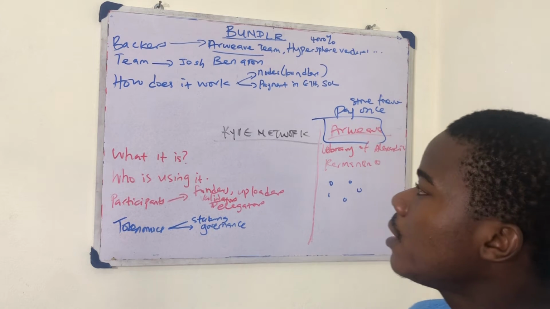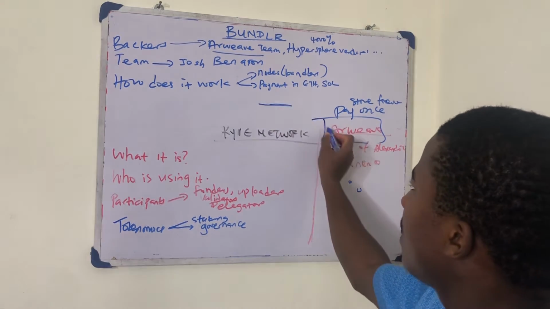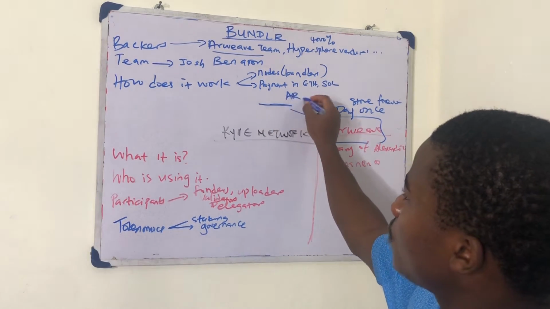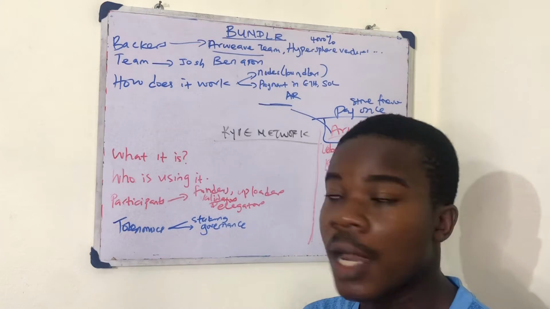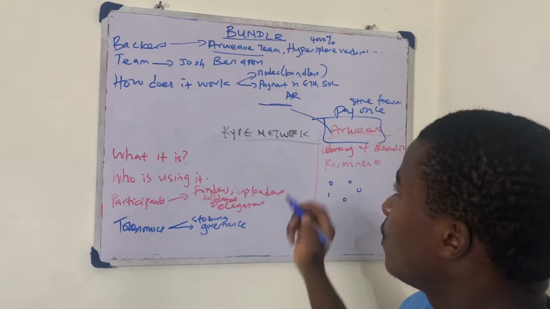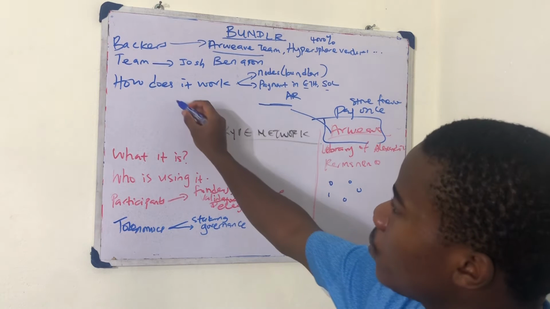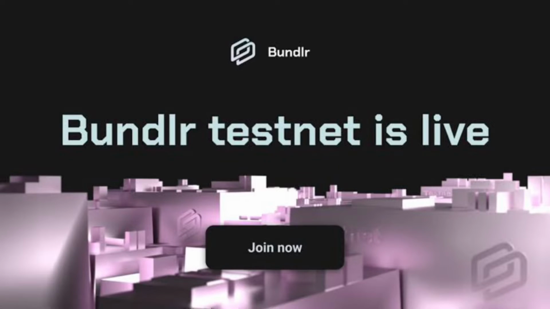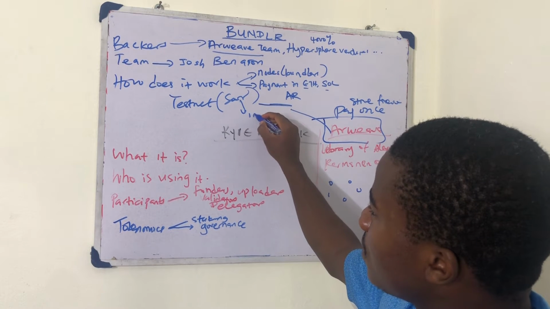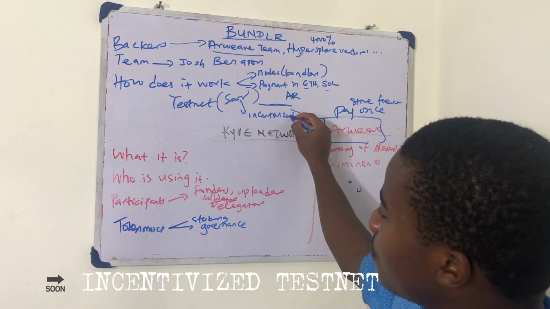Now, the settlement layer is the Arweave network, which uses the AR token, the Arweave token. So once you pay with any of these, it will be converted to this. And then the project is on testnet right now, and soon will be an incentivized testnet.